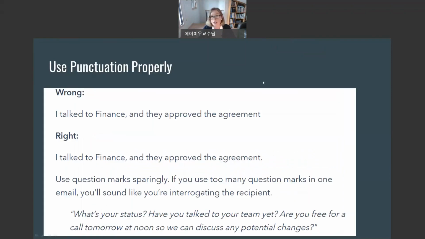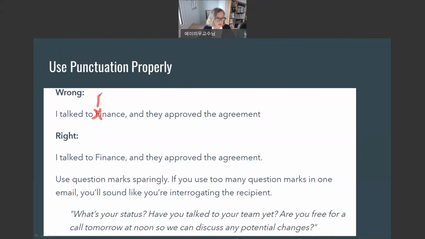Okay, use punctuation properly. We've got a wrong example here. "I talked to finance and they approved the agreement." You guys might notice there's no period there. Actually, one other thing: finance is not a proper noun.